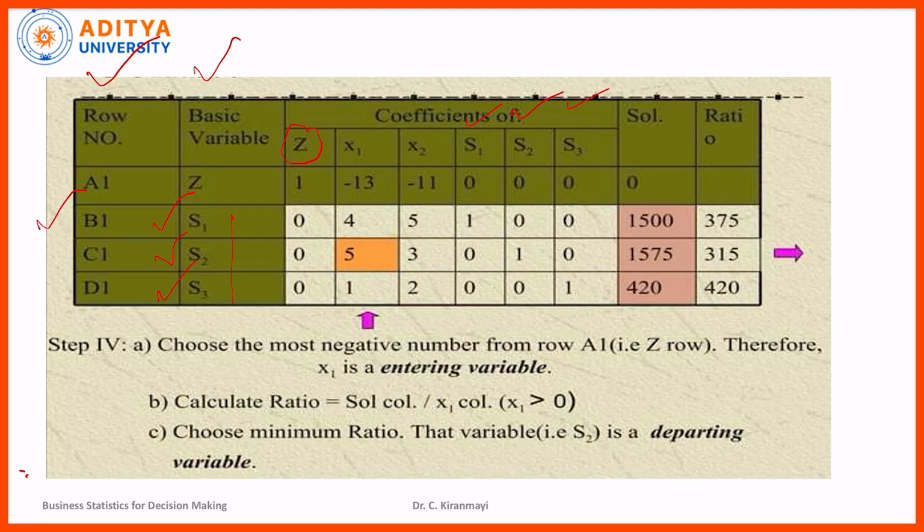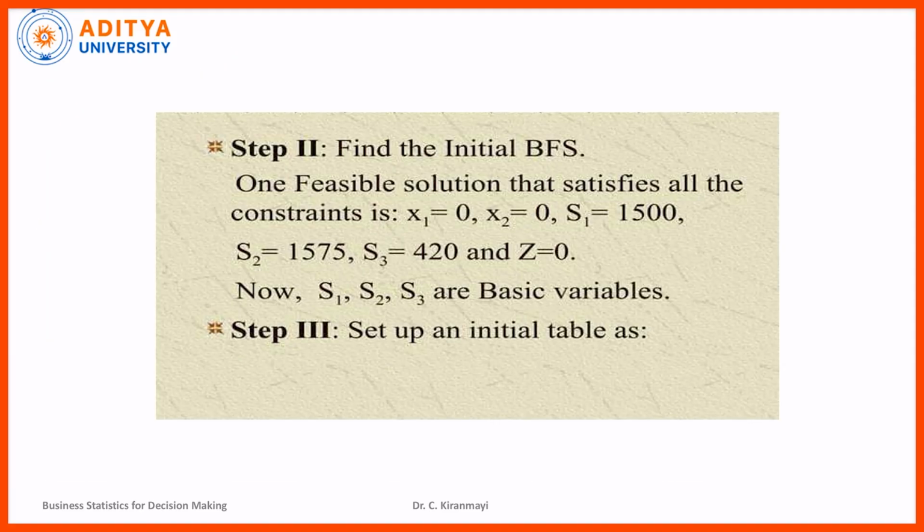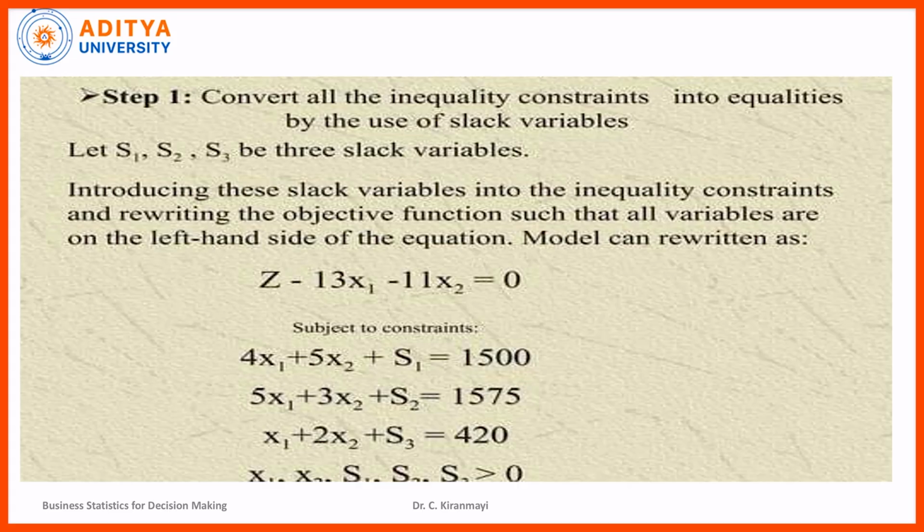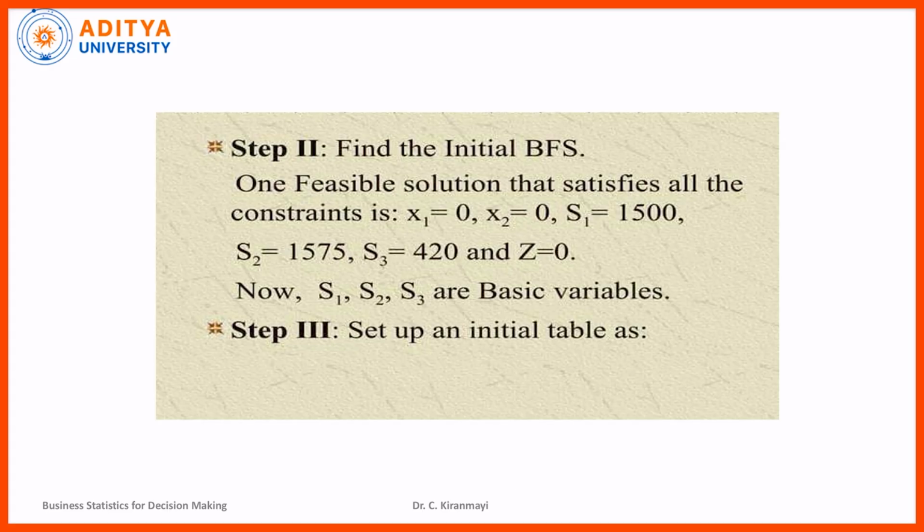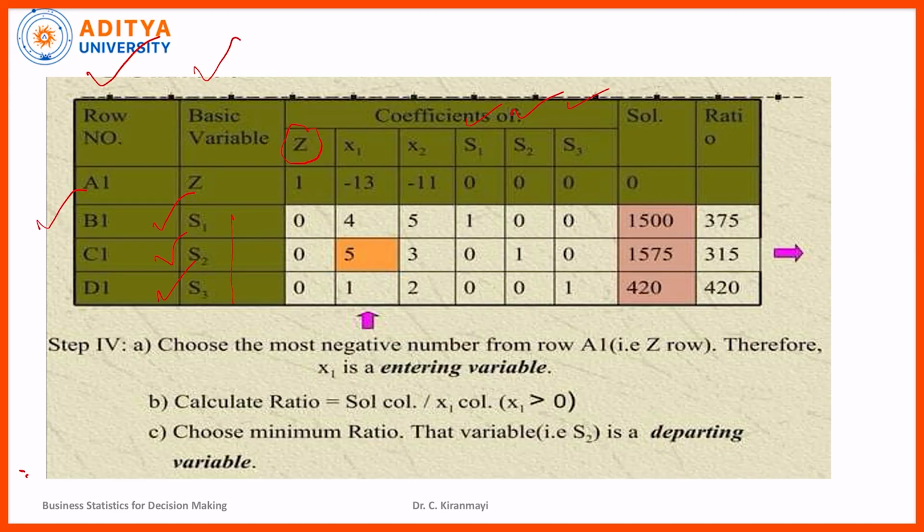All those are to be introduced here: 4, 5, 1. There is no Z in the first equation, therefore the value of Z is going to be 0, and there are no S2, S3 in the first constraint, therefore we write their coefficients as 0.